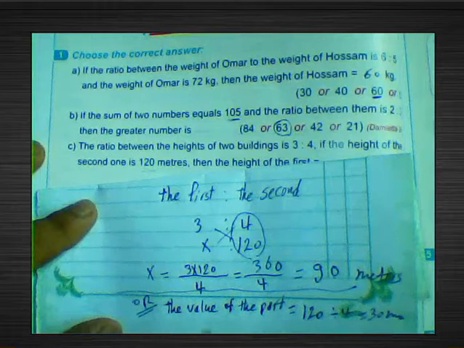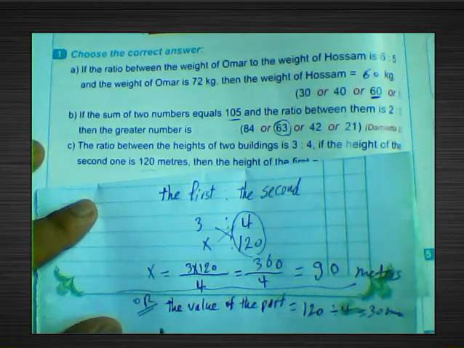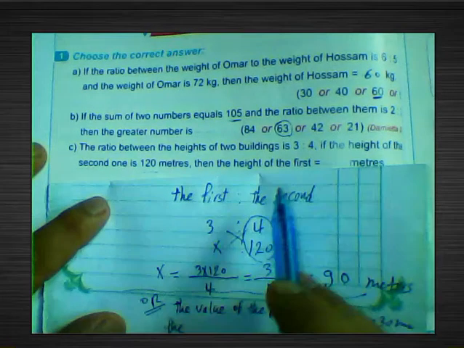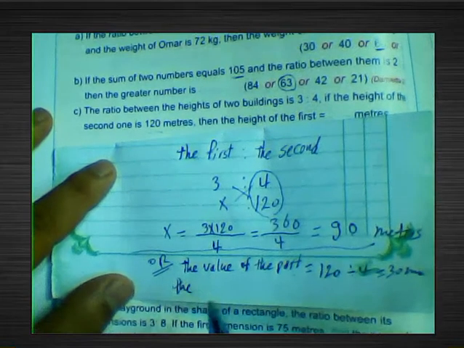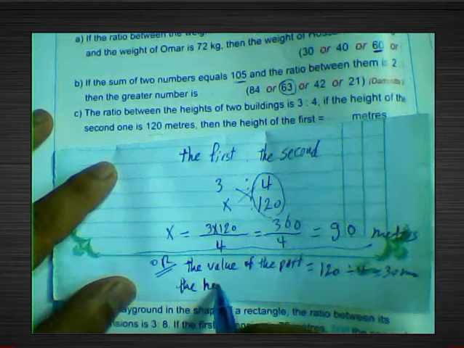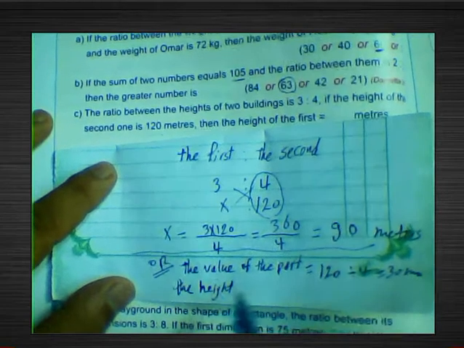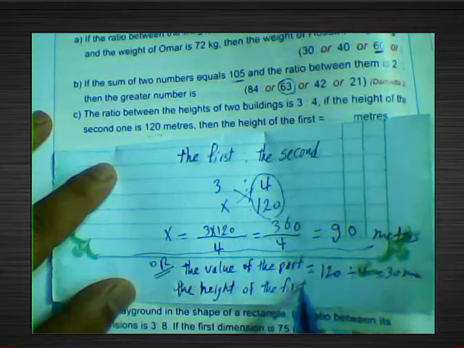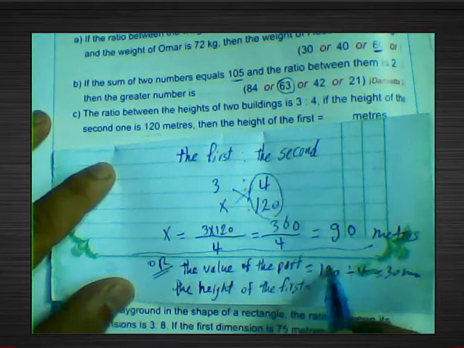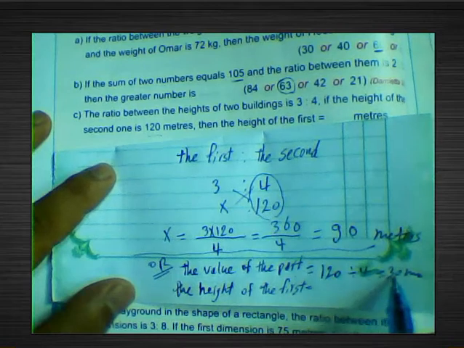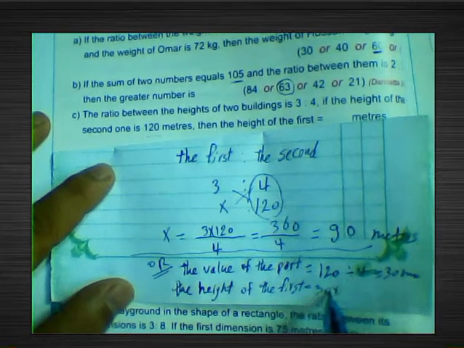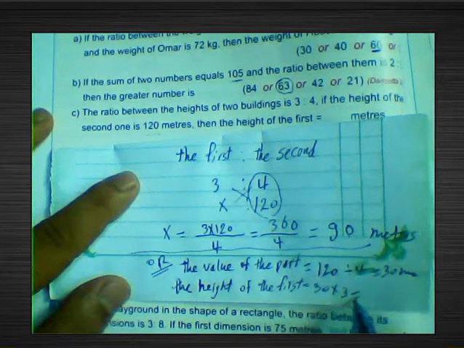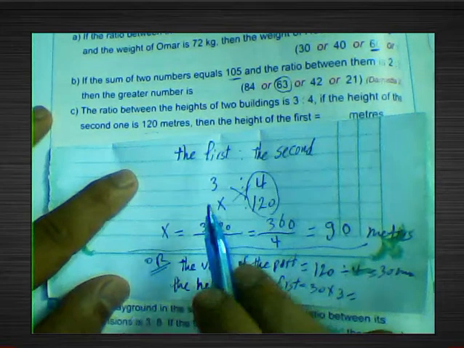And another step, the height of the first. We want to find the height of the first. So we write the height of the first equals the value of one part, 30, times 3, the count of parts.